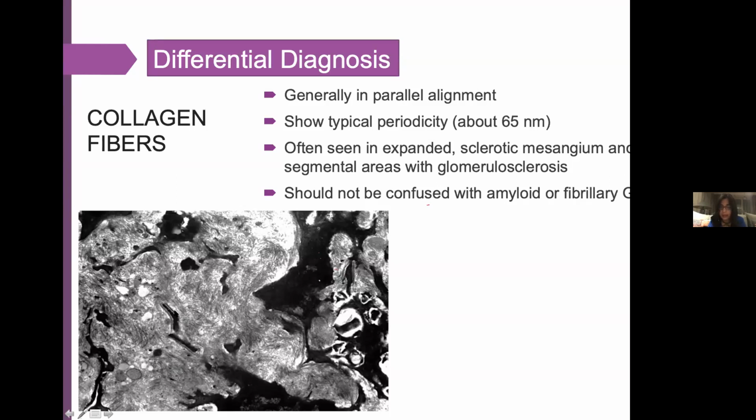They are not randomly arranged like in fibrillary GN. The periodicity is usually typical. They're often seen in expanded and sclerotic mesangium or in segmental areas with sclerosis, meaning that you're not going to find them subepithelial or subendothelial. But they should not be confused with amyloid or fibrillary GN, because both these conditions could be limited to the mesangium, and they do not have to have subepithelial or subendothelial deposits.